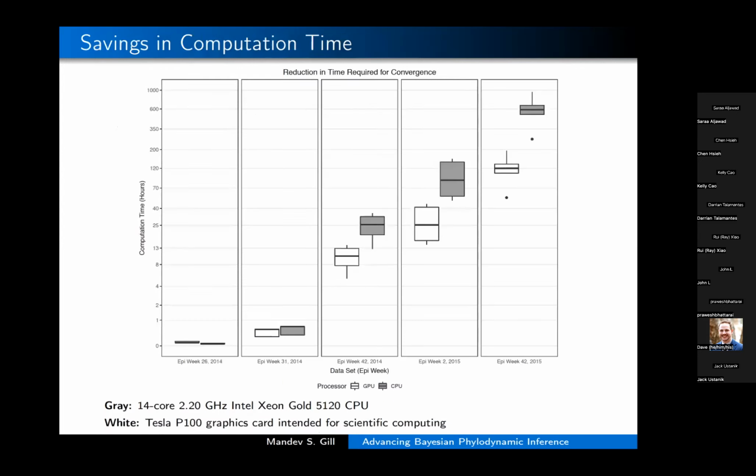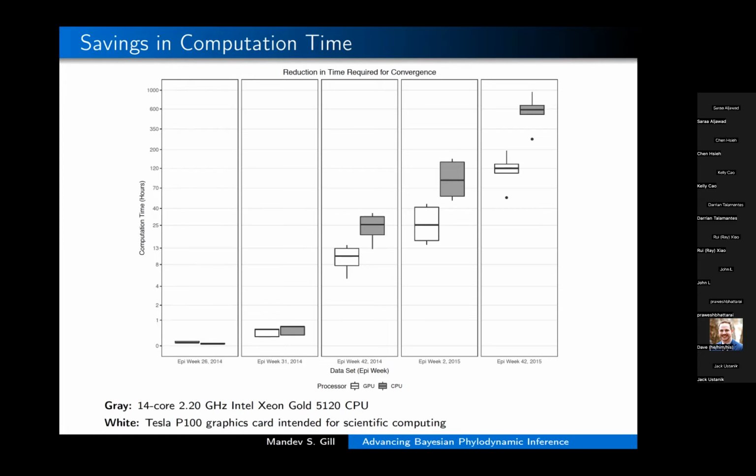So to put the reduction in burn-in into perspective, we can translate it to how much computational time we save. Notice here that the y-axis is on a log scale. So the time saved varies by replicate and also by the computational resources used. Under a standard CPU, the average savings for the latest time point are about 590 hours, which is more than 24 days.